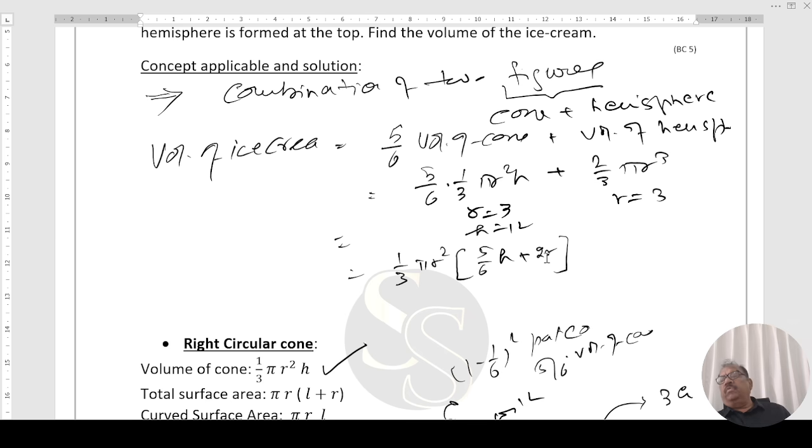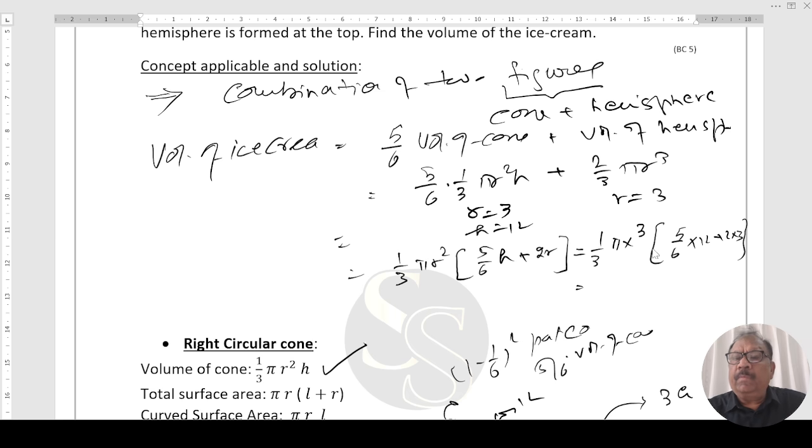Be very careful to make the calculations simpler and to avoid any mistakes. Numerical values are to be put in the second last step. Last step is the answer. Now substituting values, we get 1/3 pi into 3 square into (5/6 into 12 plus 2 into 3).